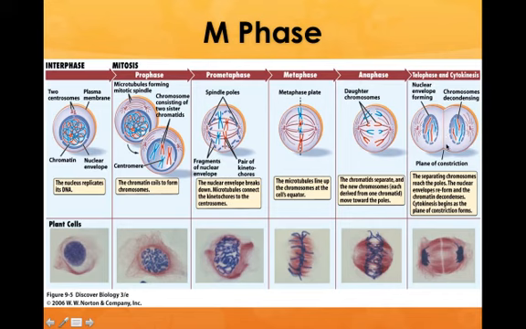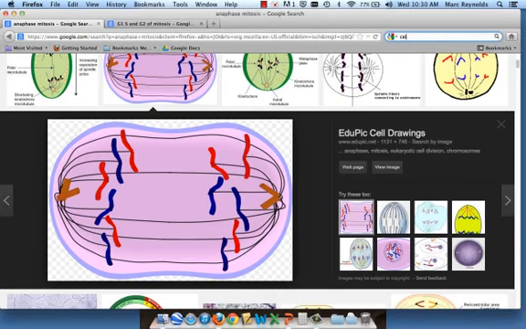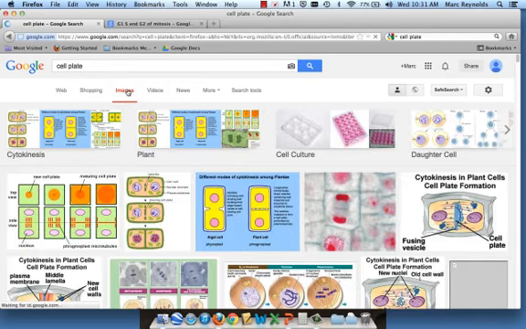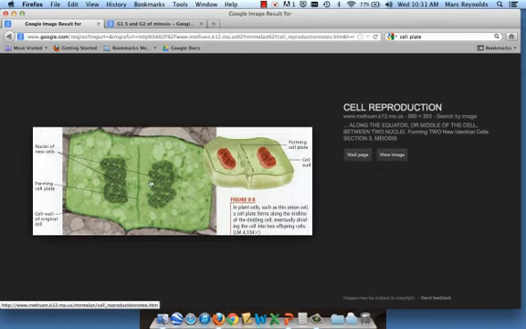Now, this is an animal cell. If this was a plant cell, something would form in the center called the cell plate. What we're showing here is two cells that have just gone through division.